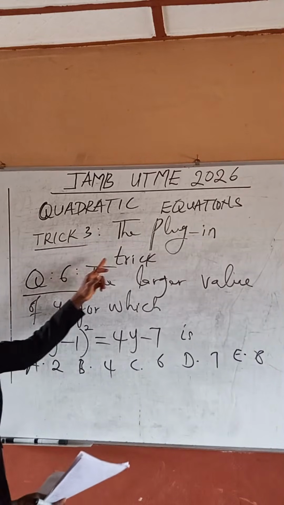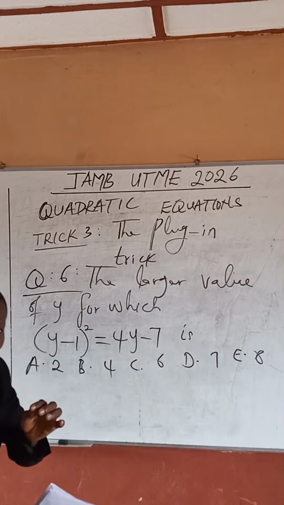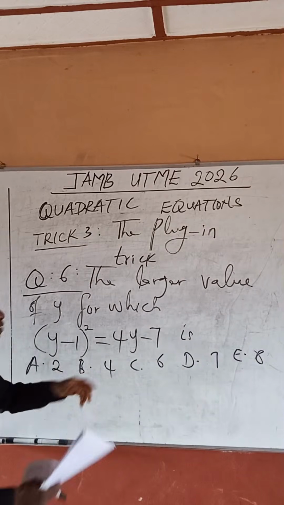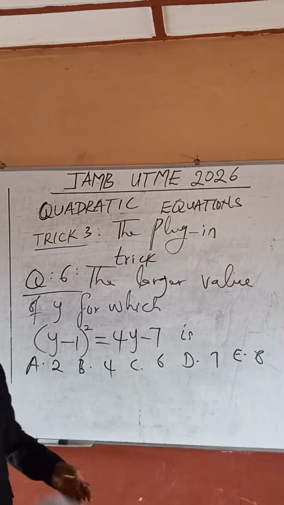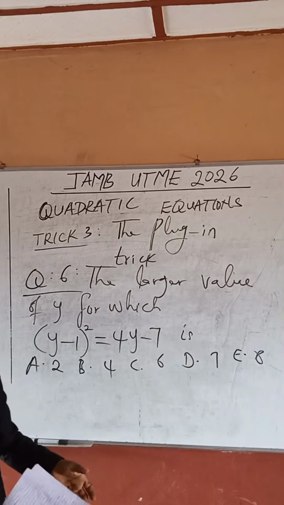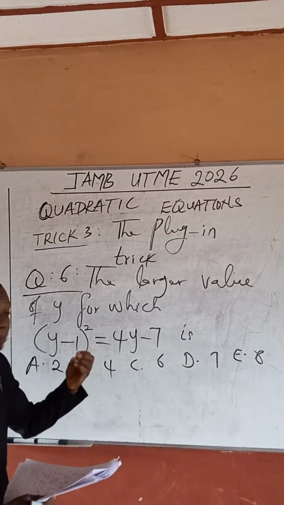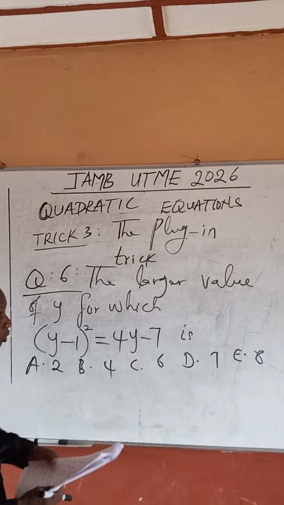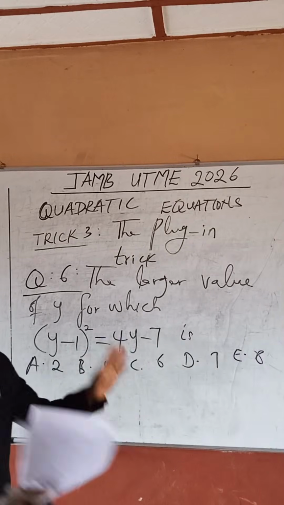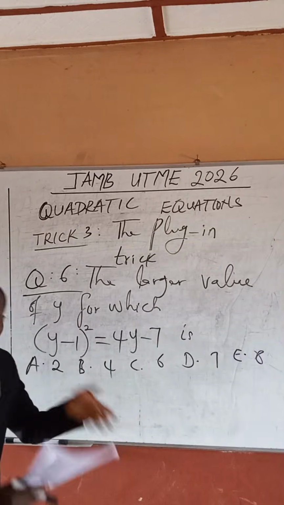We want to use the plug-in method. Don't expand and start factorizing or using any of the quadratic methods. What are the quadratic methods? Completing the square method, formula method, the general formula or quadratic formula method, or the factorization method. Don't use these methods. They can waste time.